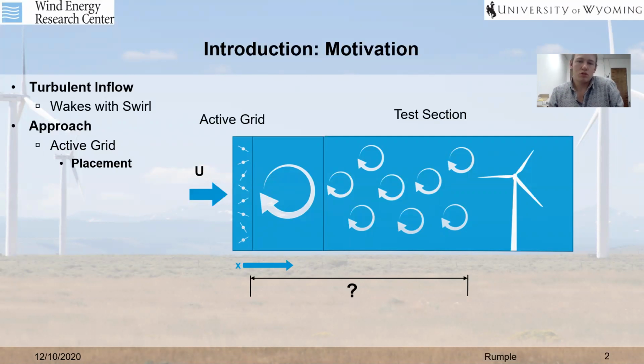So the approach to understand that is, one, how do we create that in the wind tunnel setting? And you can do that with something called an active grid.